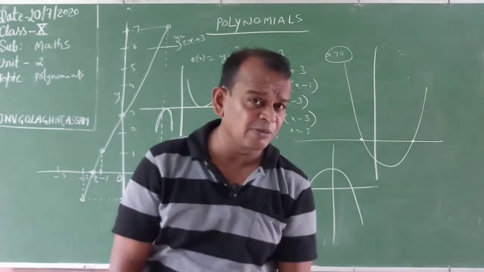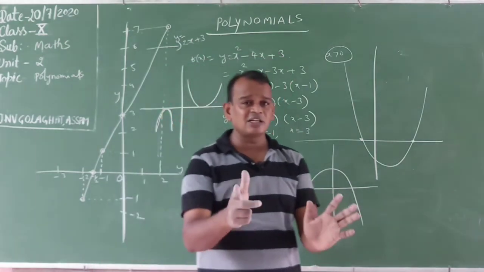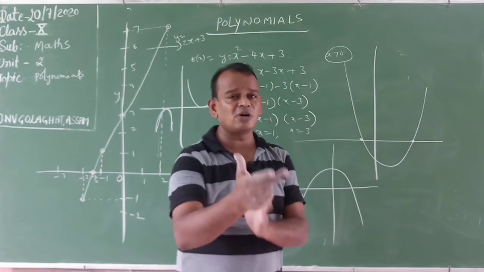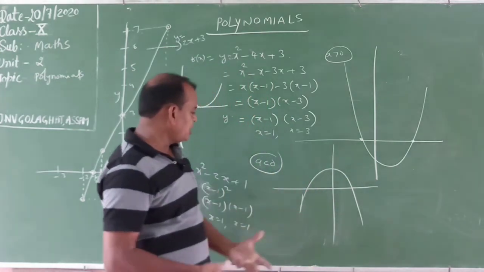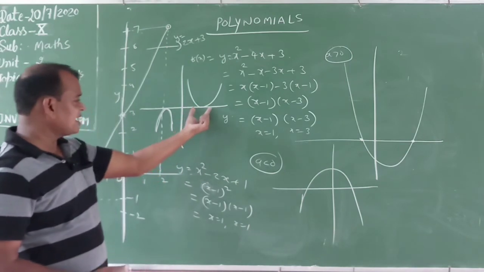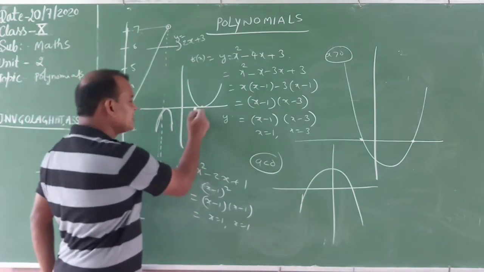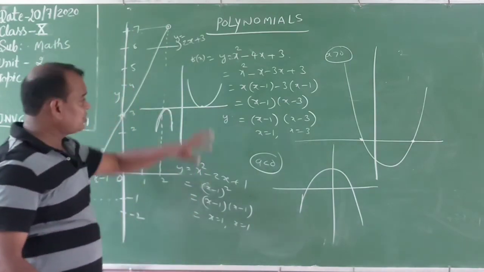Very, very important for a 1 mark question. If the parabola intersects the x-axis, then the quadratic polynomial has how many roots? 2 roots.